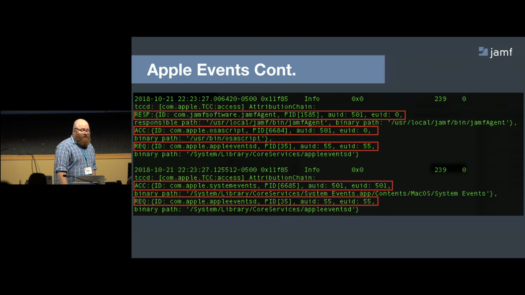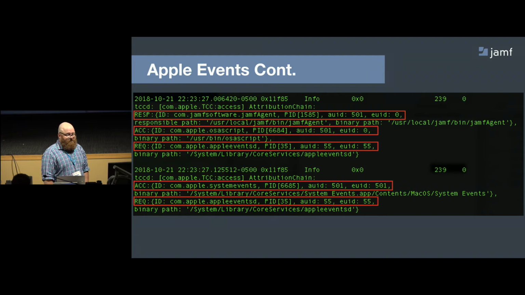So RESP, that's the thing that's responsible for the request. ACC, the details of the application or script that's attempting to access control. REQ, what is it requesting, the action that's being requested. Carl Ashley has a great blog digging into reading these logs and understanding what it actually means.